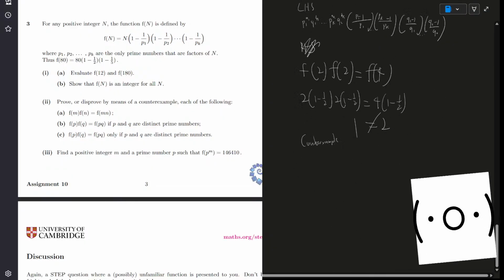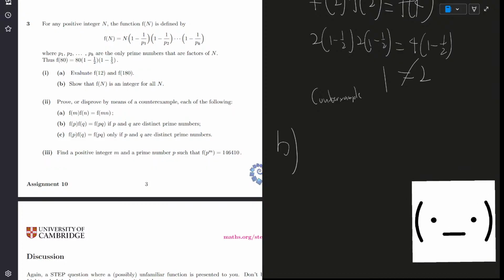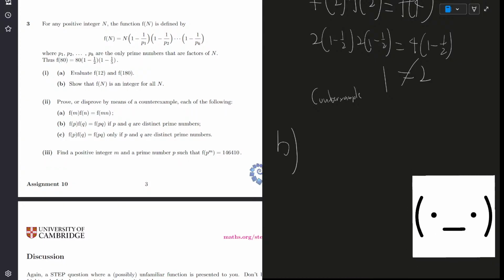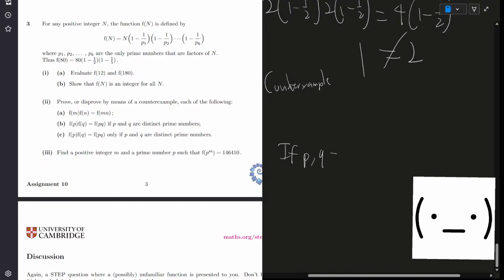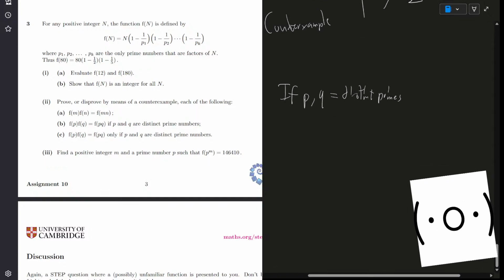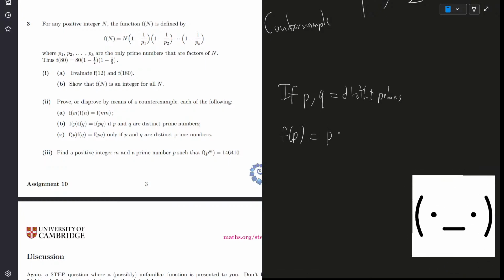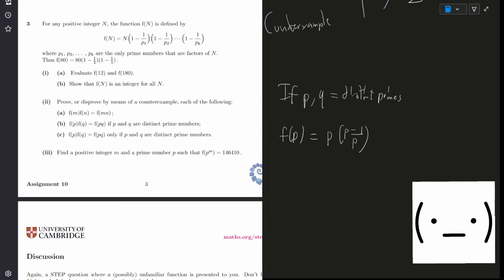Let's see. Oh, A. B. If they're distinct prime numbers, okay, I think that's true. So, if P and Q are distinct primes, then f of p is just equal to p minus 1.